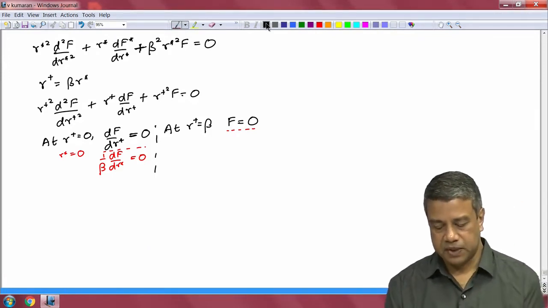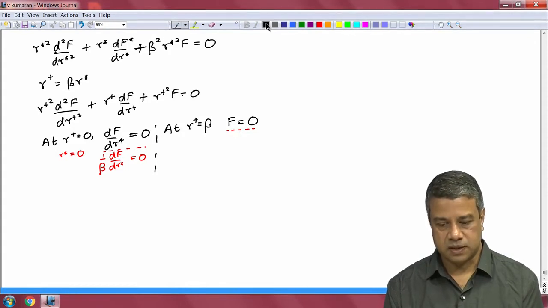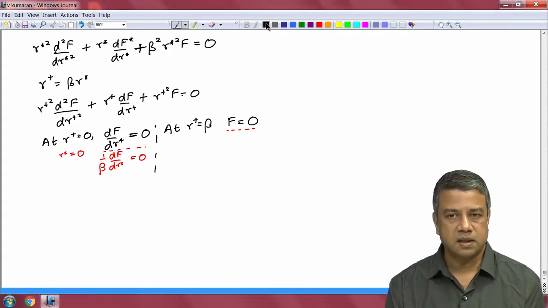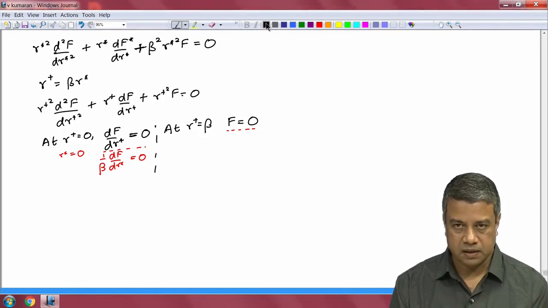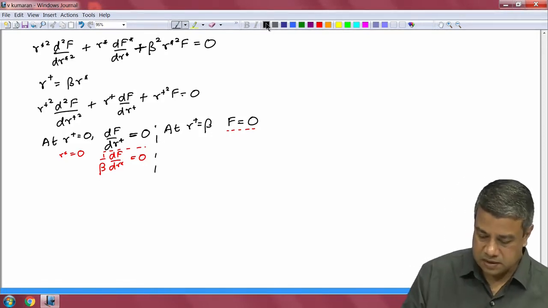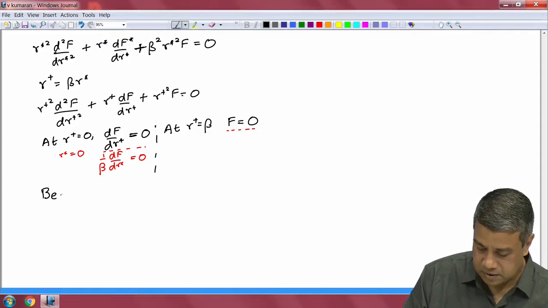Good. So, how do we solve this equation? This equation comes in a class of equations called the Bessel equation.